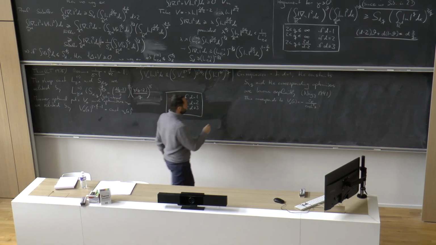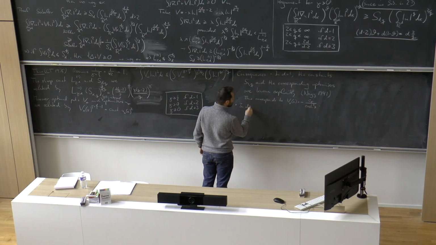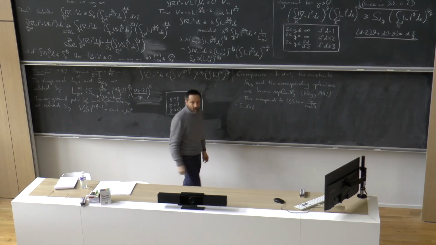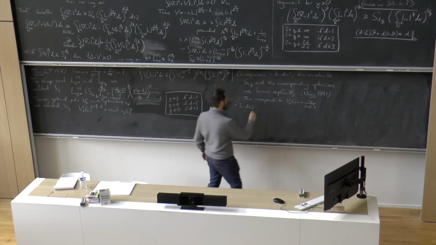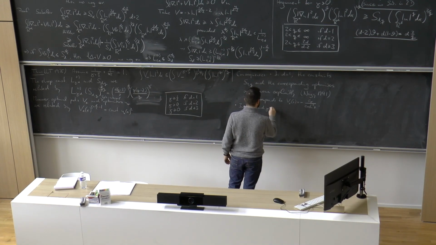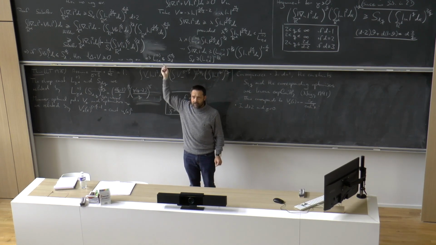That was the first consequence. Now, in d greater or equal than 2, we don't know these things explicitly. For gamma equal to 0, we know that's the Sobolev optimizers, we know that explicitly.